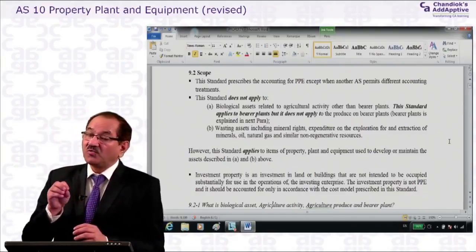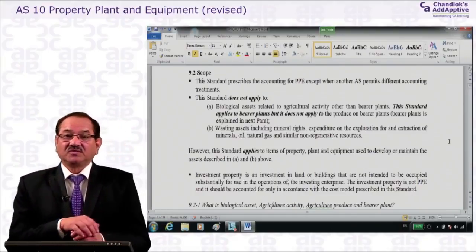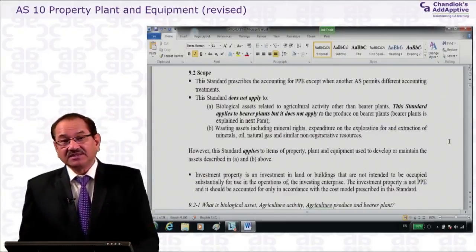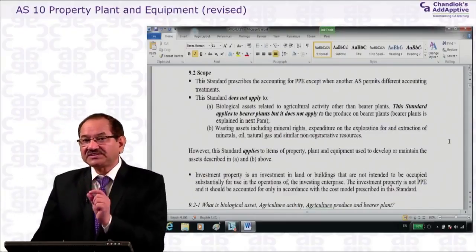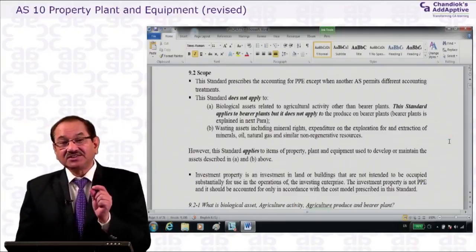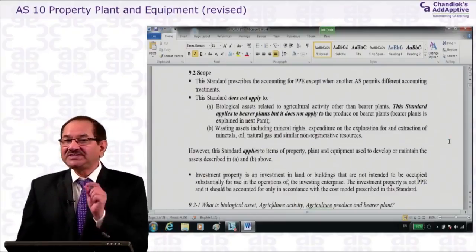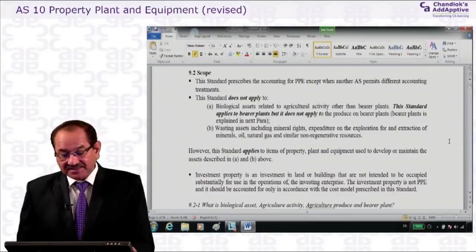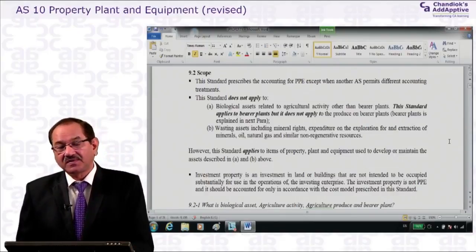When we talk about what it includes, this standard says what is the scope of this standard? This standard does not apply to biological assets related to agricultural activity other than the bearer plant.